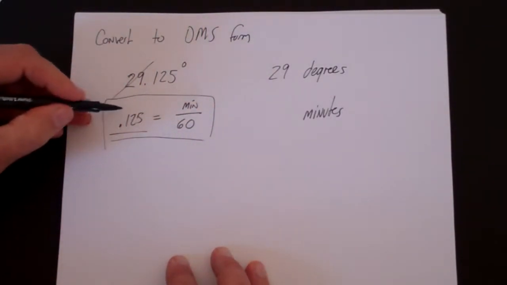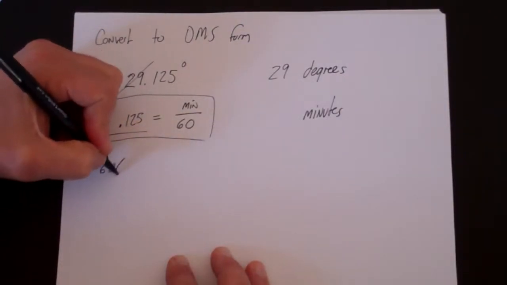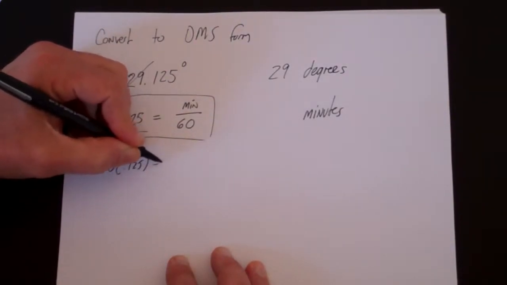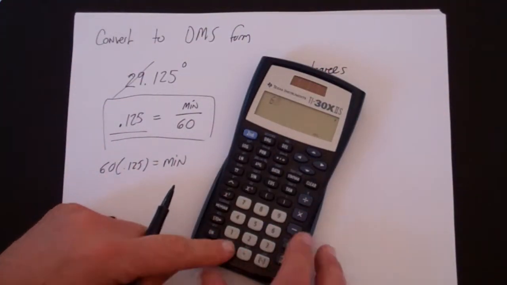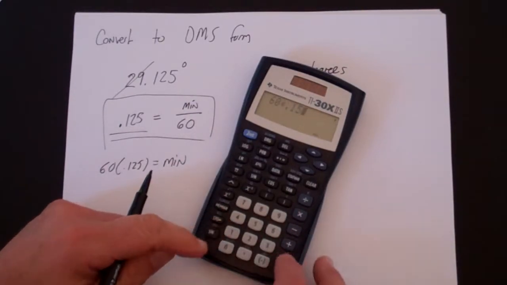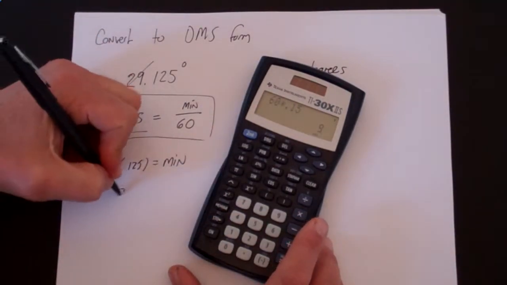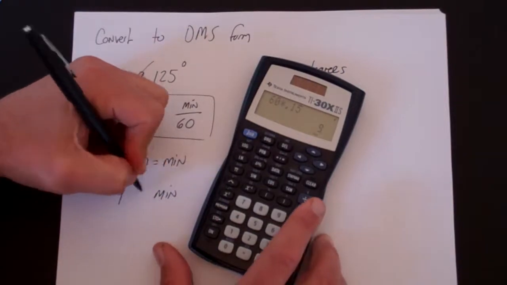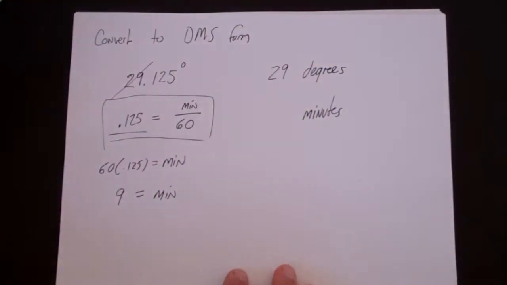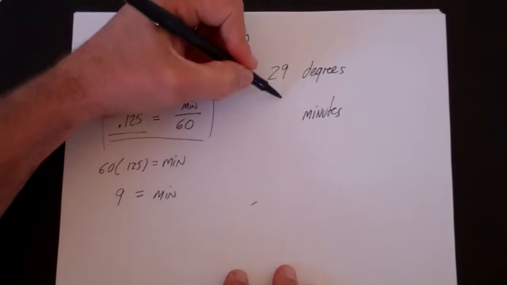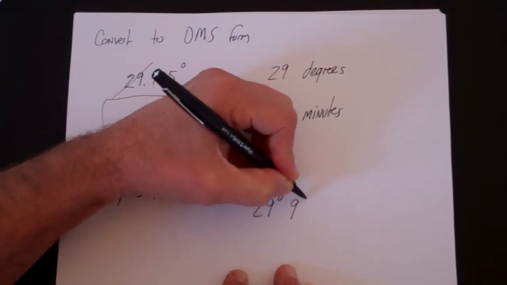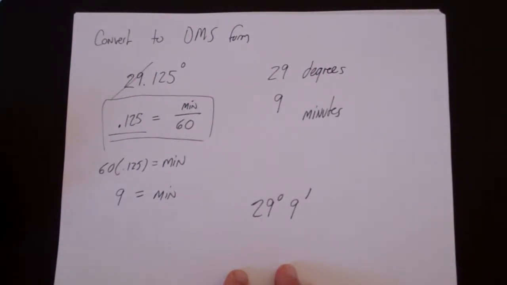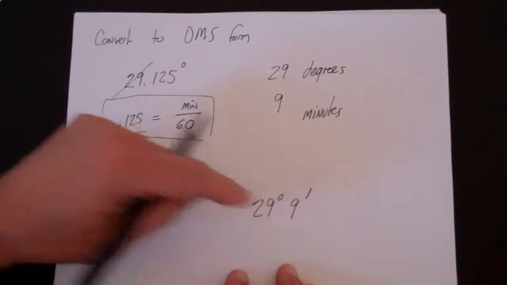So what you do here is multiply both sides by 60. 60 times 0.125 is equal to minutes. It may go in evenly or it may not. Let's see. 60 times 0.125 is equal to 9. If you get an even number, then you're done. And the form is simply 29 degrees and 9 seconds. I'm sorry, 29 degrees and 9 minutes.